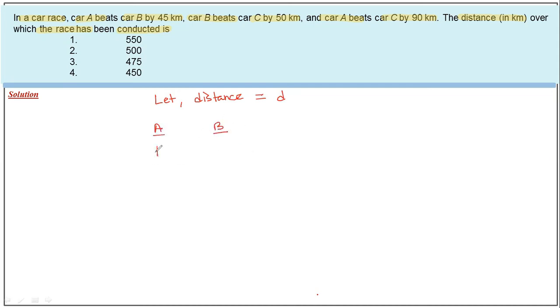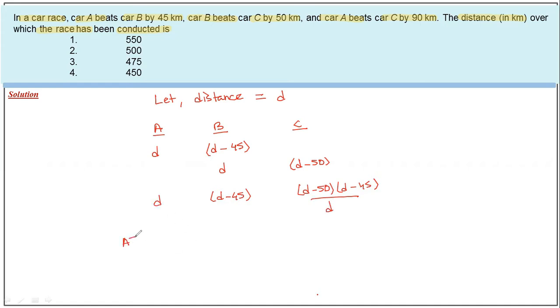So when A goes d kilometers, B covers d minus 45. And when B covers d, then C covers d minus 50. So that means when B covers d minus 45, C covers d minus 50 into d minus 45 by d.